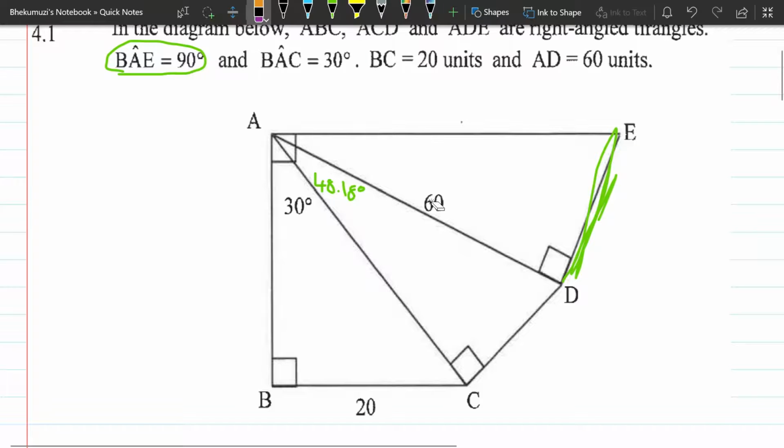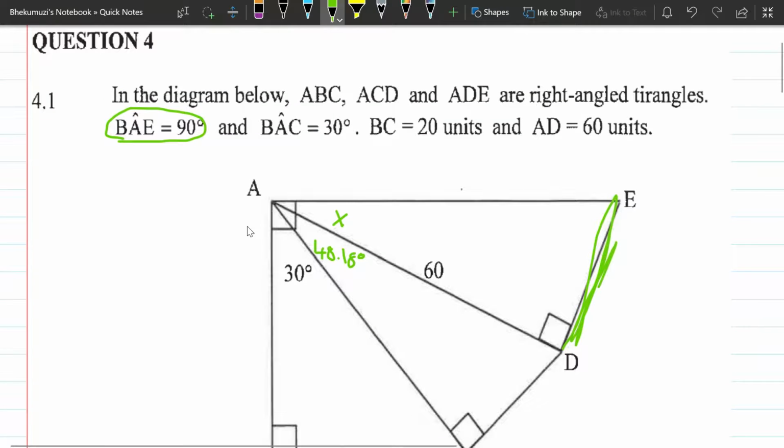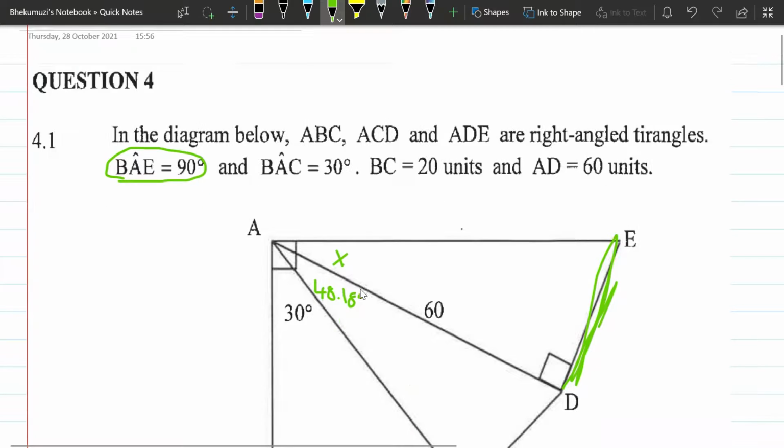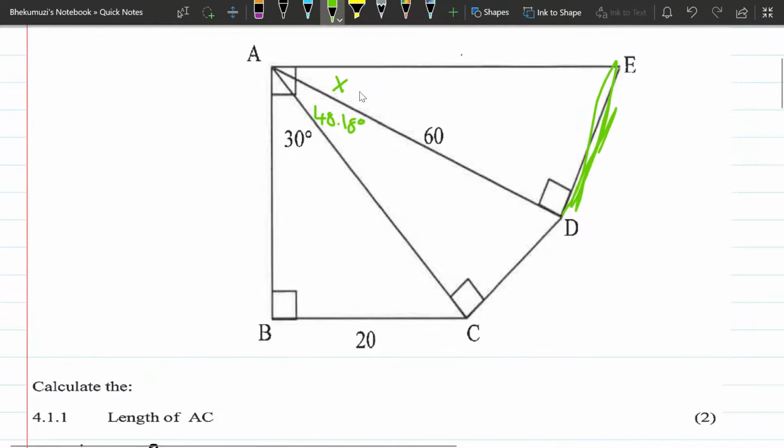So in this case, what do we do first? We first have to say 30 plus 48.18 plus this unknown value here is equal to 90 degrees, and we find that value. Once we find it, we can use the trigonometric ratio. So let's see what happens.